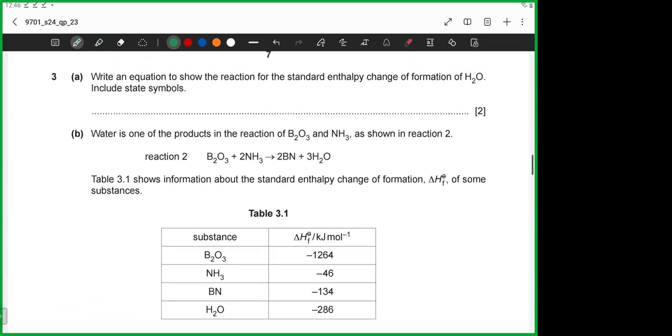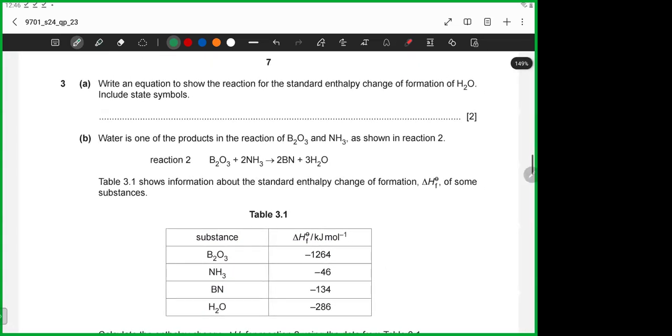So write an equation for the standard enthalpy change of formation of H2O. What's the equation? Hydrogen plus oxygen gives us H2O.